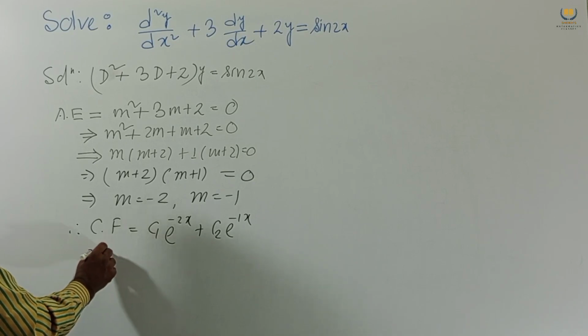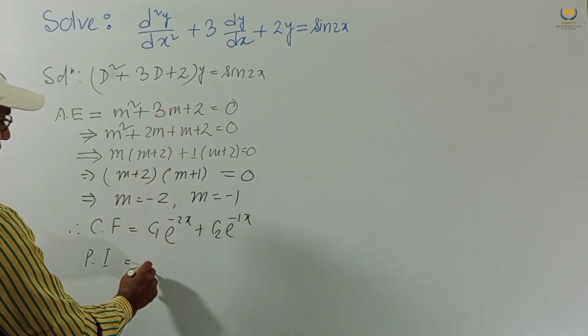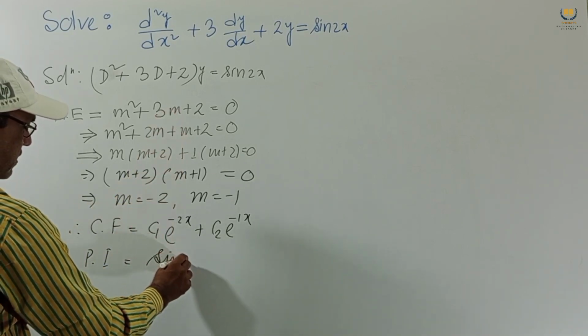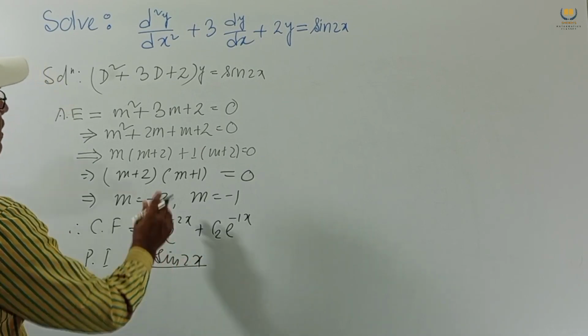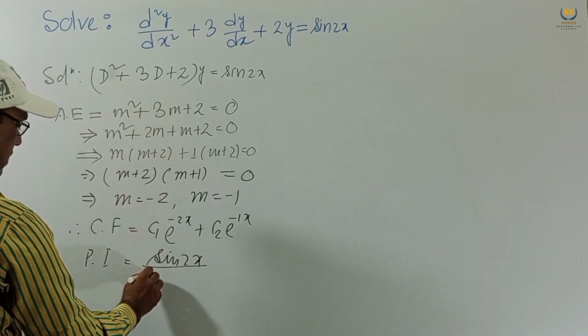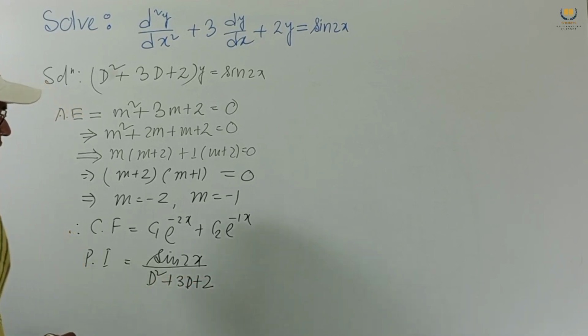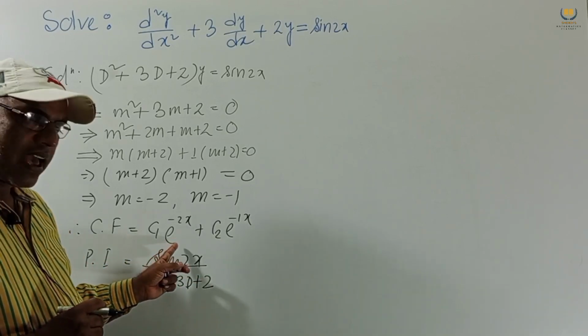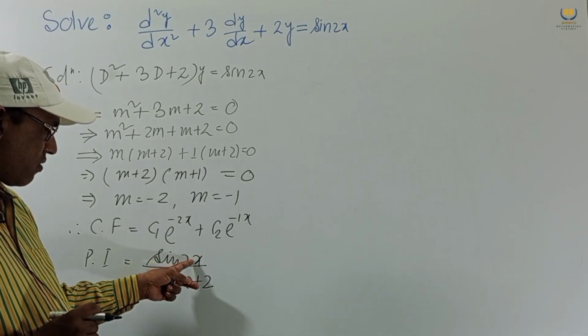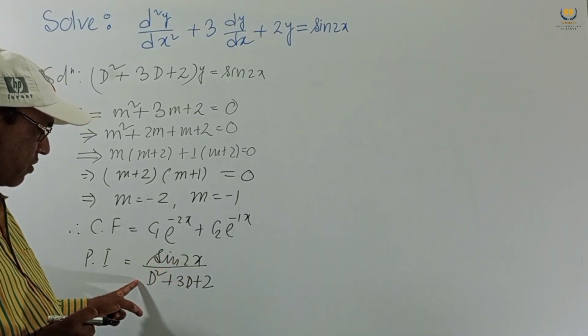Now the particular integral: right hand side sin 2x divided by D square plus 3D plus 2. If this is sine or cos, then we put the coefficient of x squared, with minus sign, in place of D square.